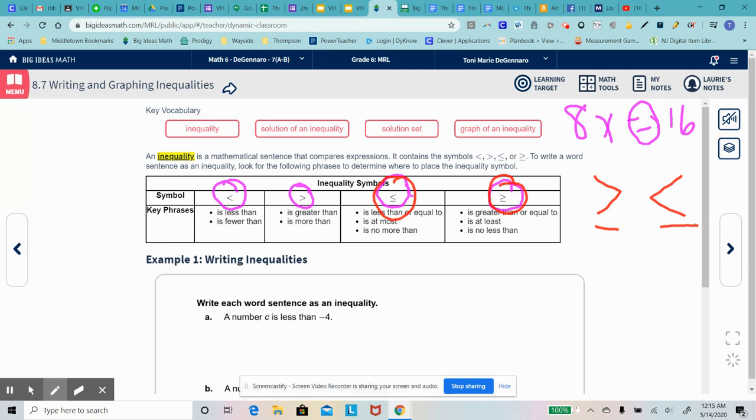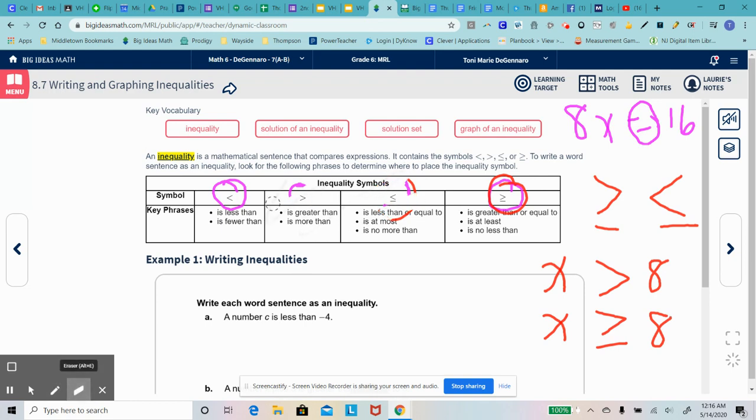That means equal to. Okay, so if you just see this, that just means greater than. So that means that x has to be greater than 8. So that means it cannot be 8. But if you have greater than or equal to, that means x can be 8. So just be careful with those two. All right, so that's about the inequalities.